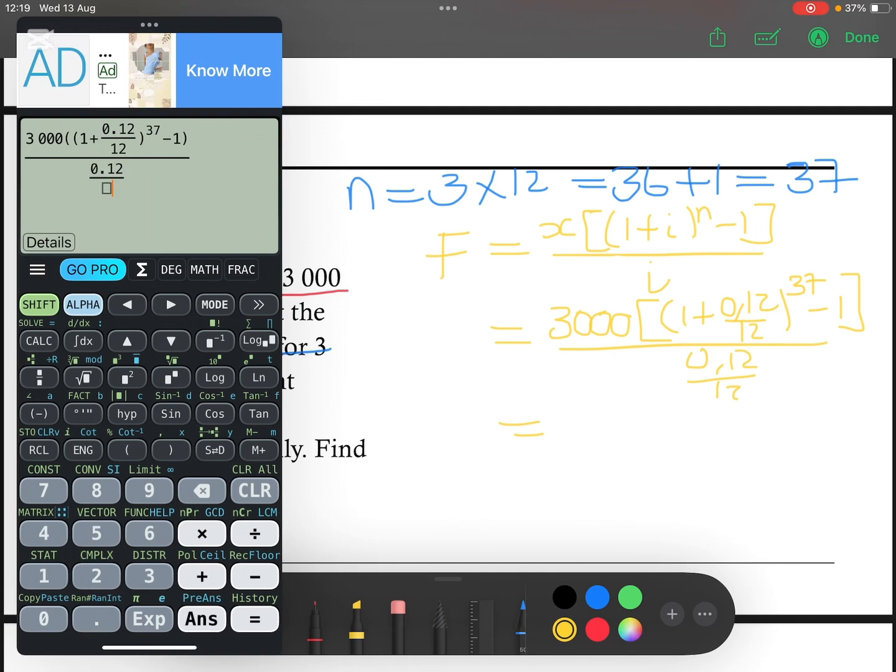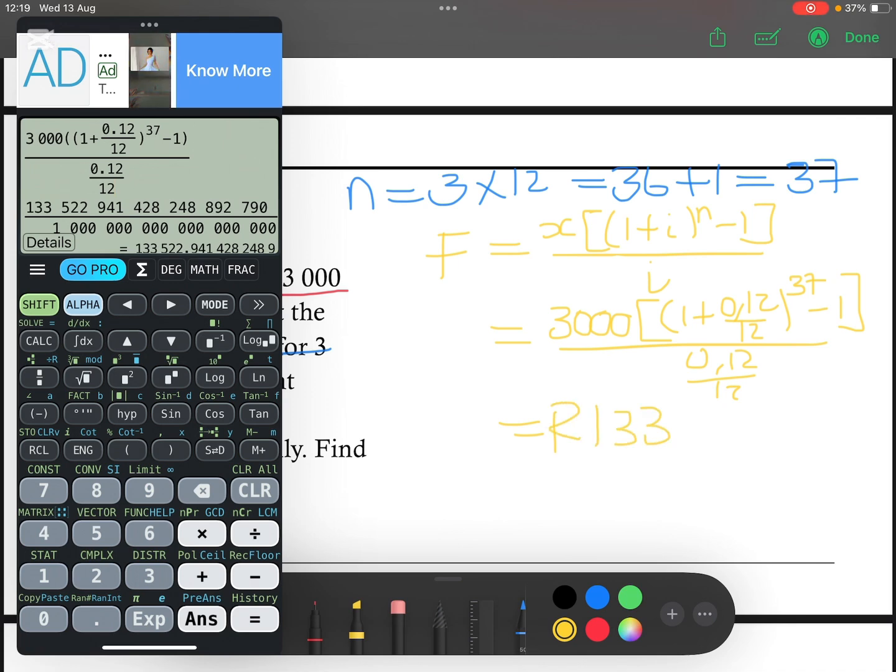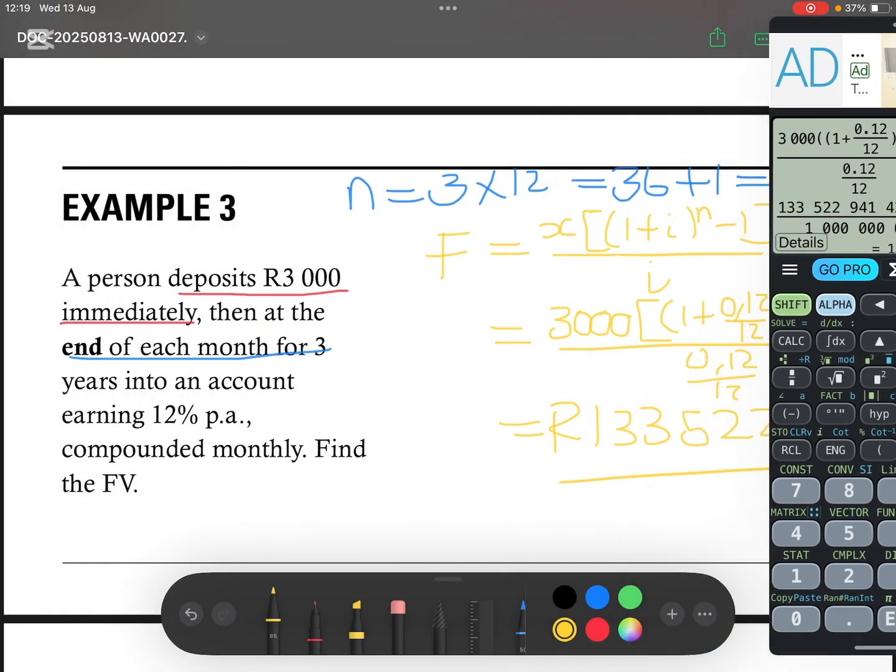Okay, then you divide by the interest rate, which is 0.12 divided by 12. So at the end of 37 payments, this person will have an amount of 133,522.94. So this is the amount of money that this person is going to accumulate.